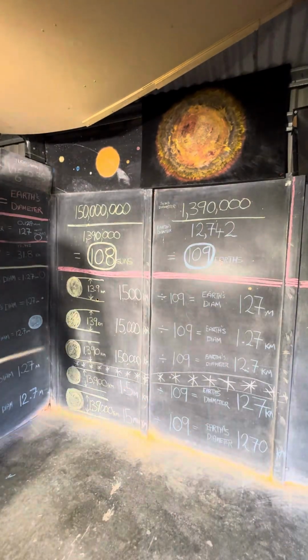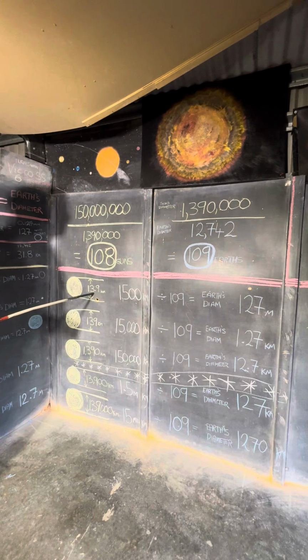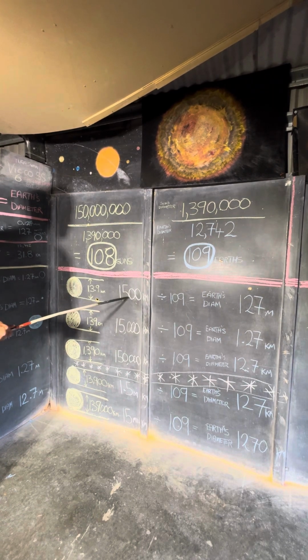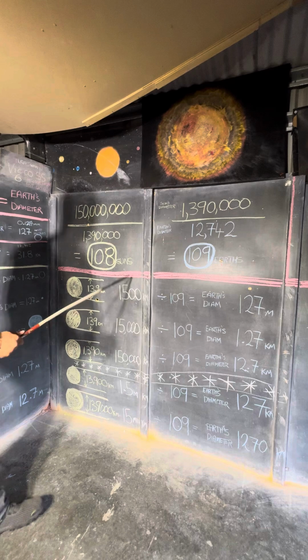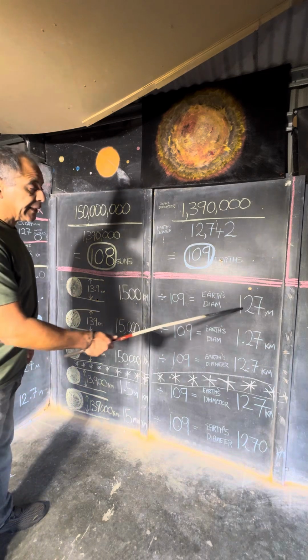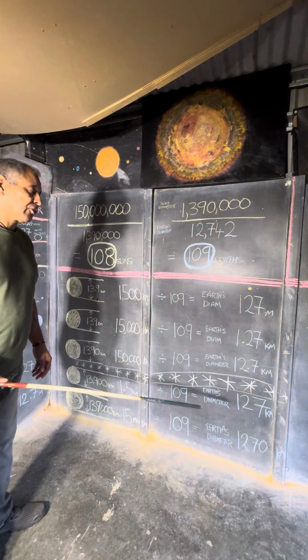Times 10, remember? We've got a sun with a diameter of 13.9 kilometers. The distance between Earth and the sun is now 1,500 kilometers. The diameter of Earth is 127 meters.